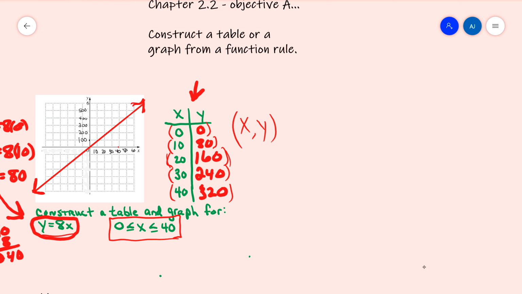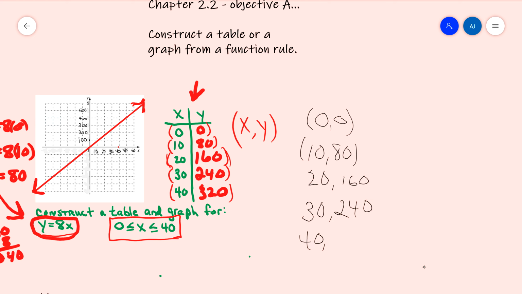So if I rewrote this: 0, 0; 10, 80; 20, 160; 30, 240; and 40, 320.